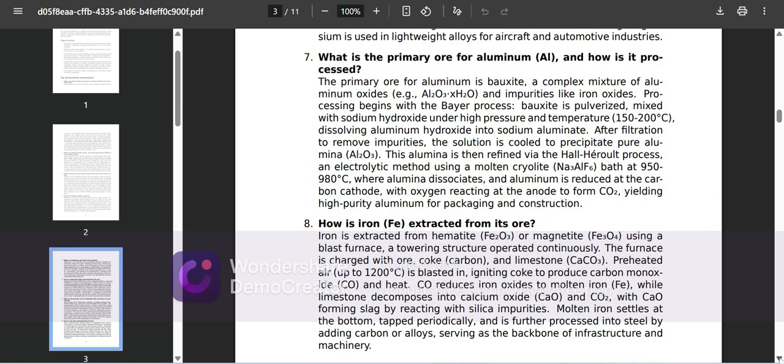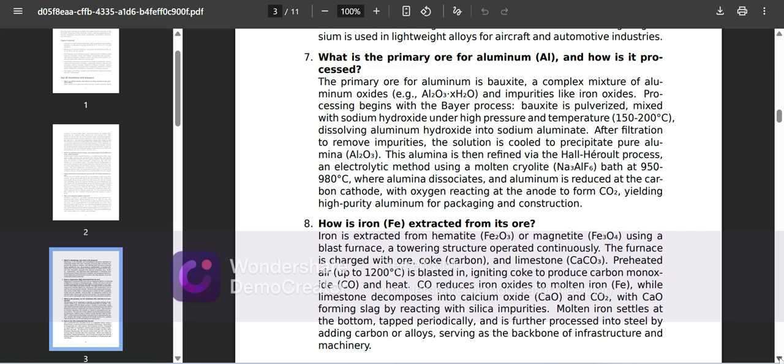What is the primary ore for aluminium and how is it processed? The primary ore for aluminium is bauxite, a complex mixture of aluminium oxide, Al2O3, and impurities like iron oxide. Processing begins with the Bayer process.